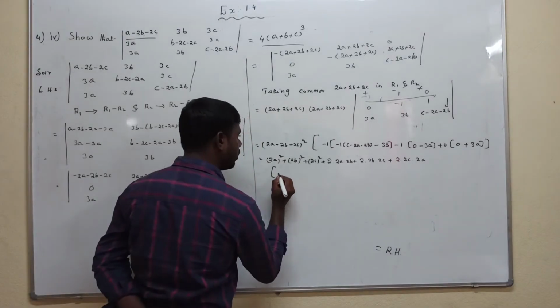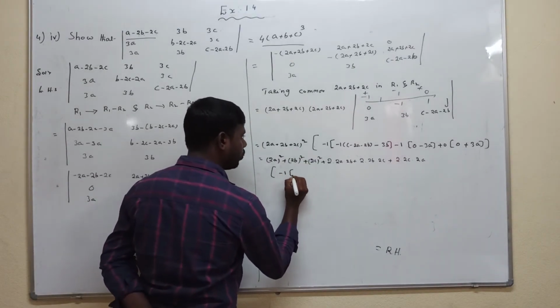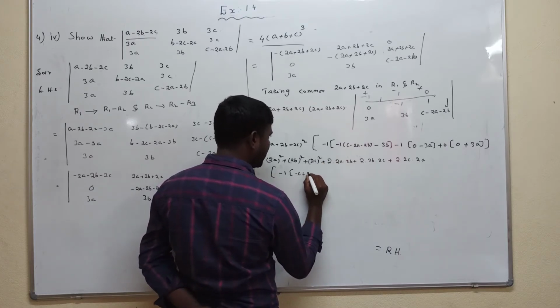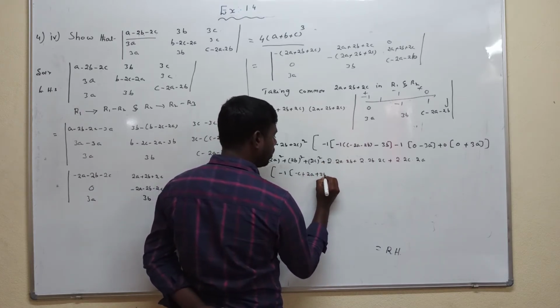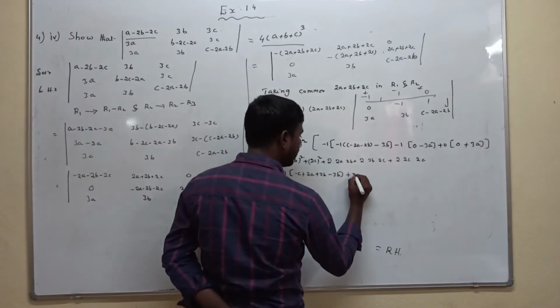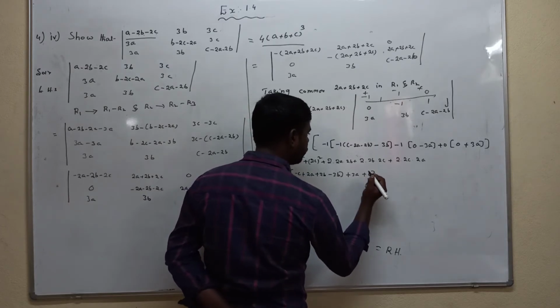After that minus 1 into, multiplying with negative, here we get minus c plus 2a plus 2b minus 3b. This is minus into minus plus 3a, 0 into everything is 0.